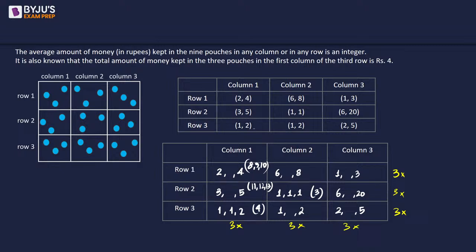Okay. So what we should do is write down the combinations of first column. In the first column we can have 8, 12, or we can have 9, 11, or we can have 10, 13.